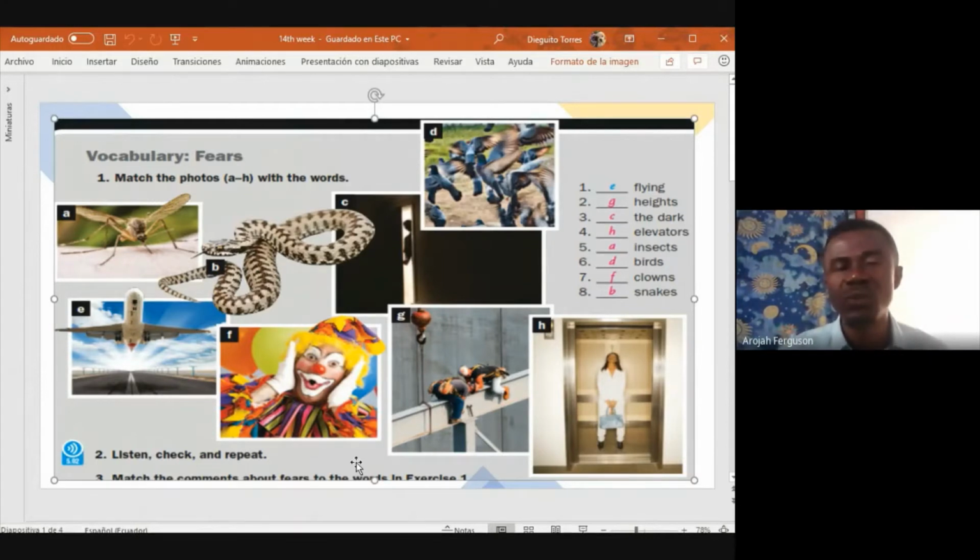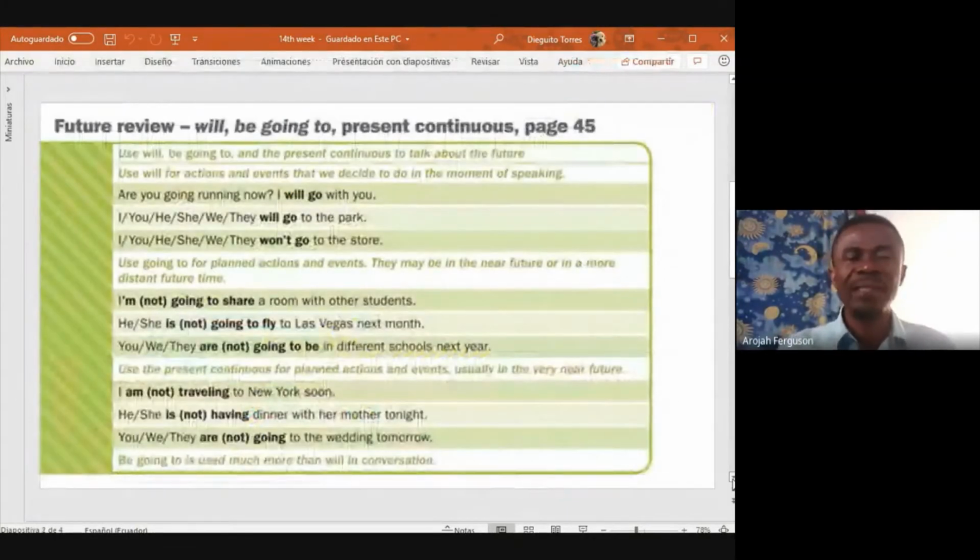Let's move on to the other one that has to do with grammar, the first part of grammar. I told you we have two topics for grammar, will as in future and going to in present tense. You will see it on the slide, and we try to remind ourselves, recollect what we learned about this one.